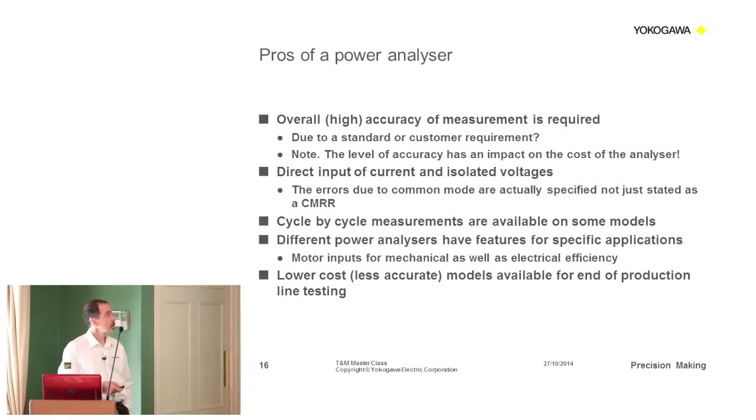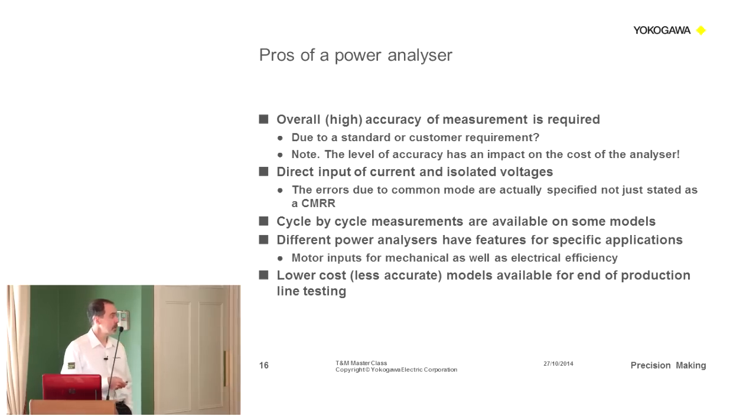On some models, you can do cycle-by-cycle measurement. On our highest end, most accurate power meter, you can do cycle-by-cycle measurements, and of course that is continuous, without any gaps, which you have with an oscilloscope type product.